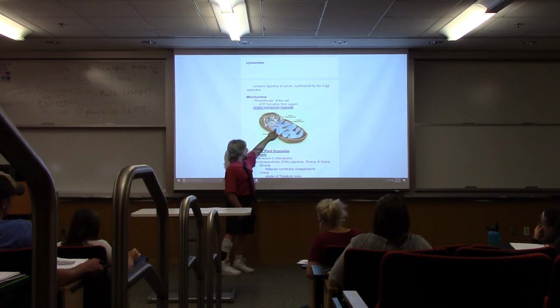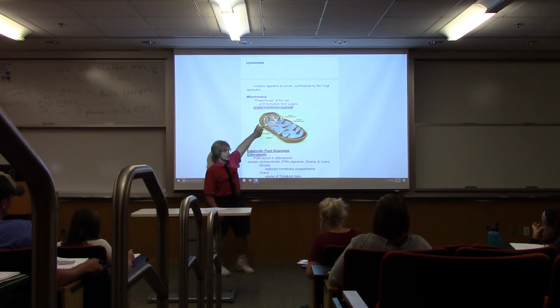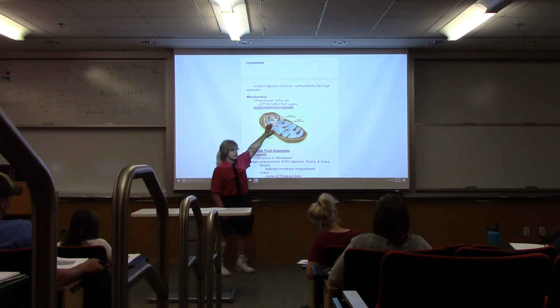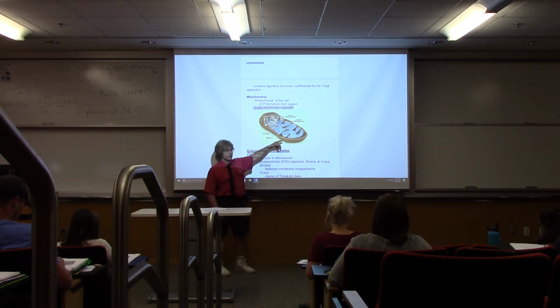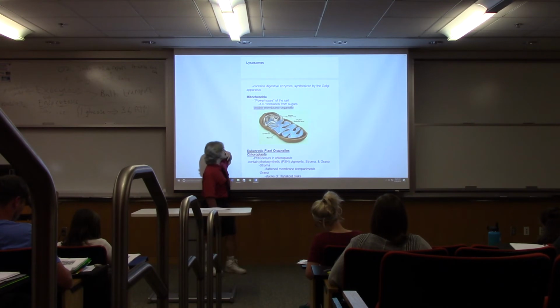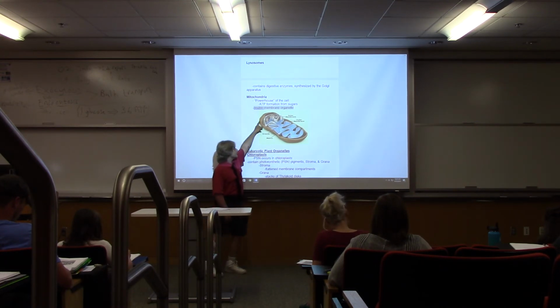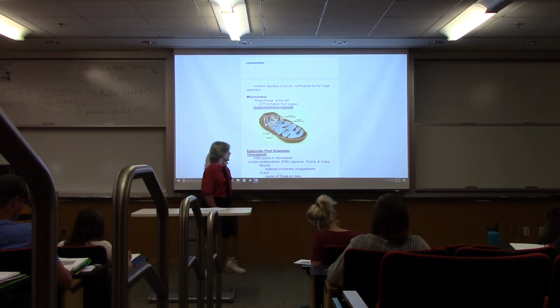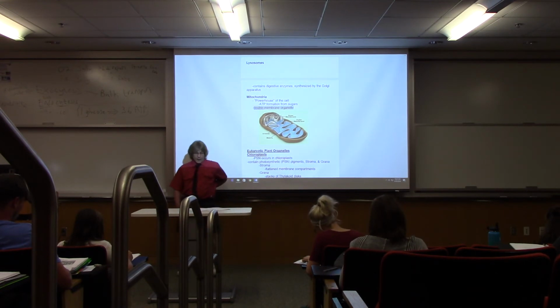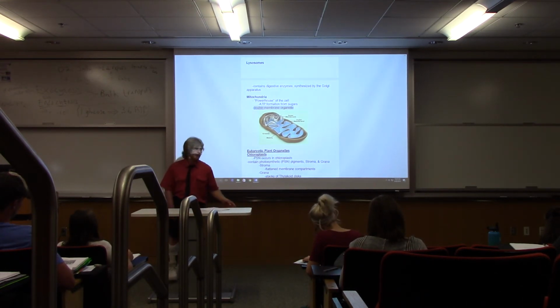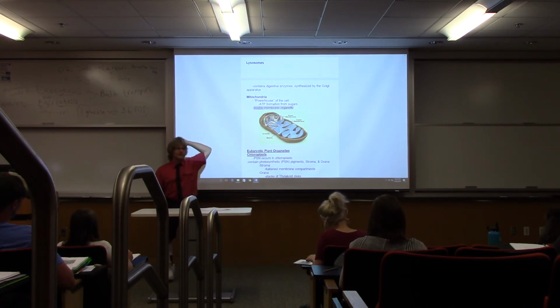Cristae is where most of the ATP is produced. The matrix is mostly water within. The outer membrane and the inner membrane.